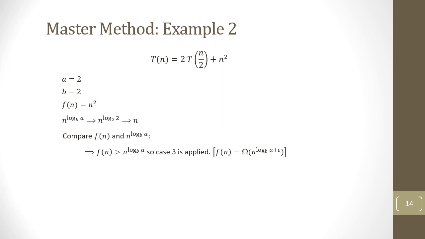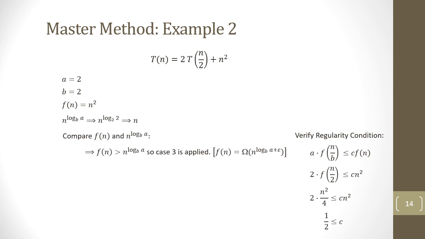Before that, we will verify the regularity condition. We plug in the values of a and b. We have to find f of n by 2. So we plug n by 2 into f of n, we solve, and we get the value of c less than or equal to half.